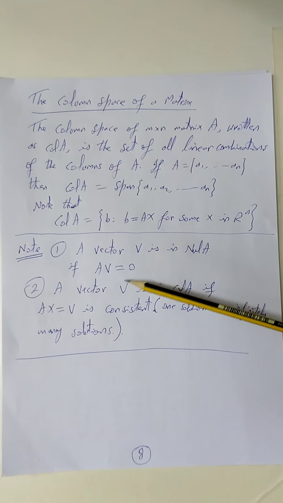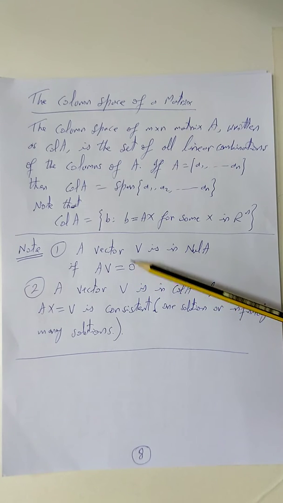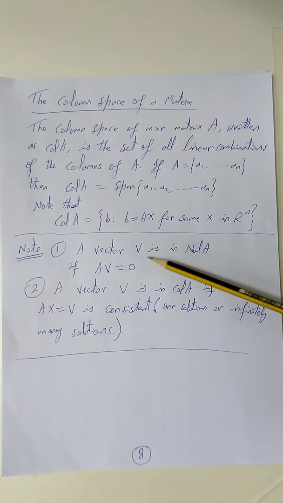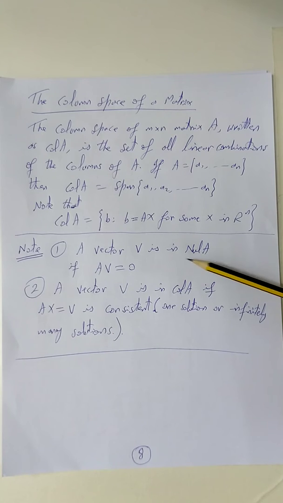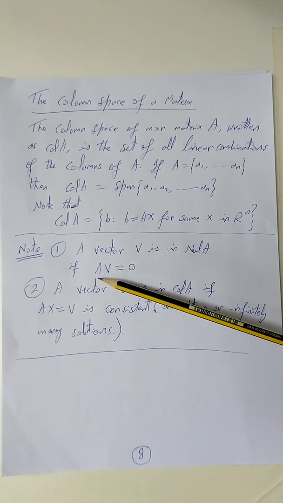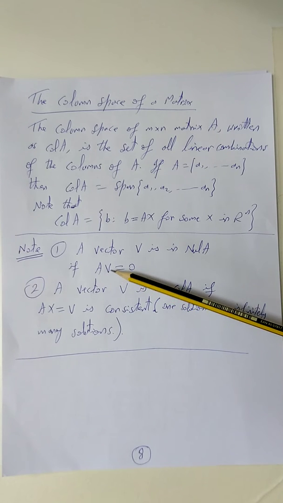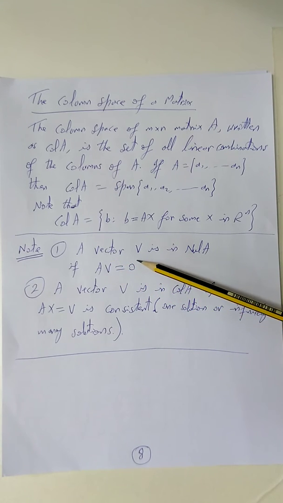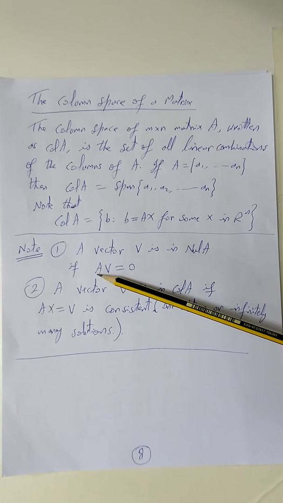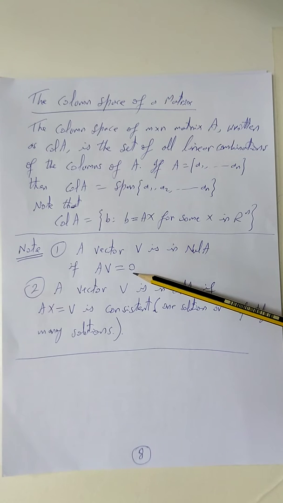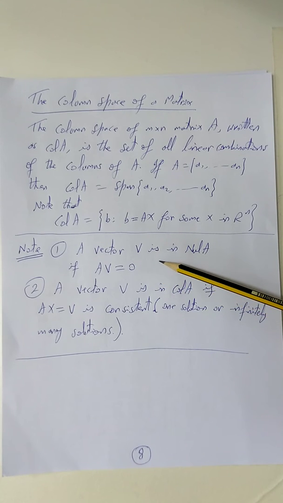So if you want to check whether a vector v is in Null A, you have to prove that Av is equal to 0. A will be a matrix, v will be a vector, and if I want to prove vector v is in Null A, I will multiply the matrix A with the vector v, and if I get the answer 0, it means vector v is in Null A.